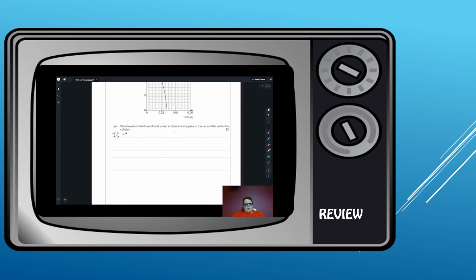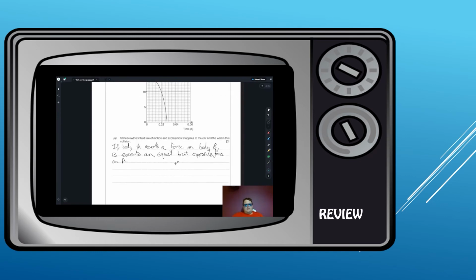So Newton's third law of motion, for us, is: if body A exerts a force on body B, B exerts an equal but opposite force on A. Explain how it applies to the car and the wall in this collision.